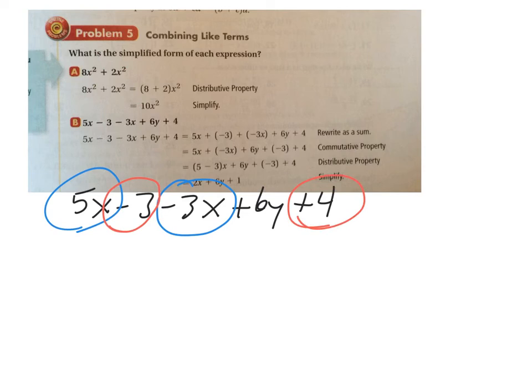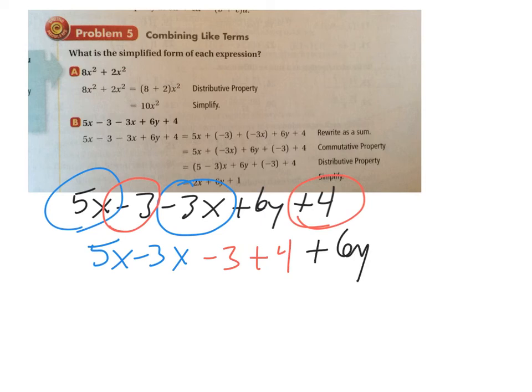Now we can use our commutative and associative properties to move everything around, right? And reassociate. So in other words, what I'm saying is the 5x minus the 3x. So I can say 5x minus 3x. I can also say minus 3 plus 4. Notice I commuted them around. And bring along the plus 6y for the fun of it.